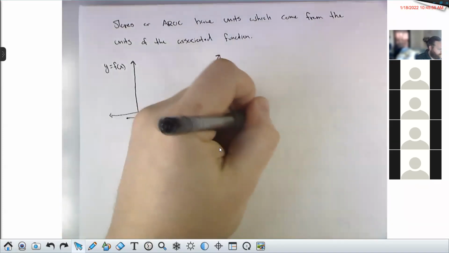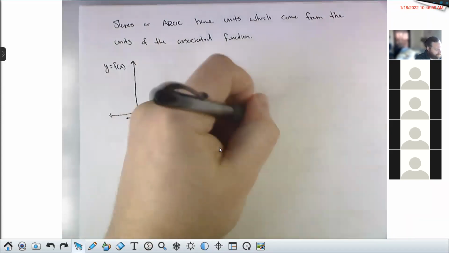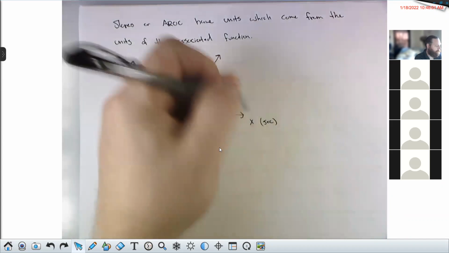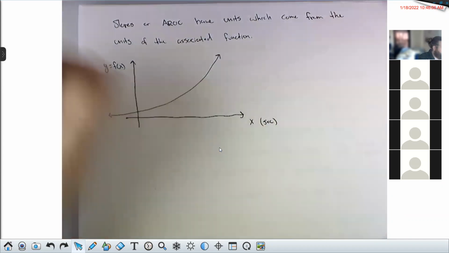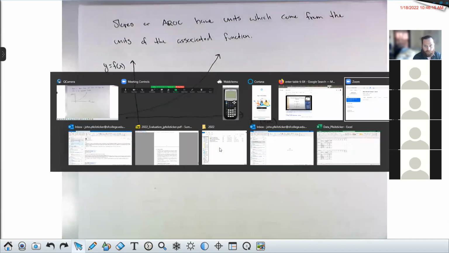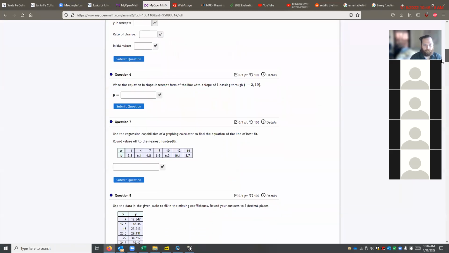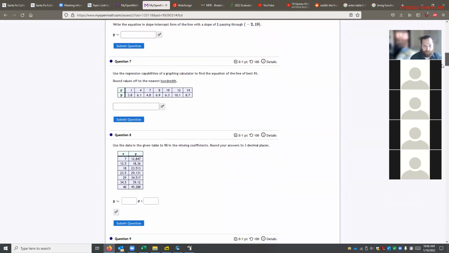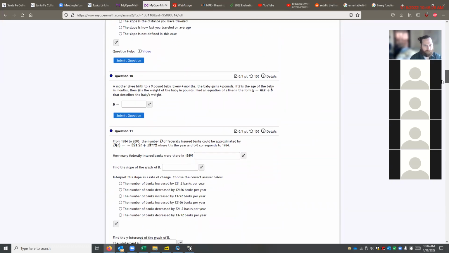The units of x could be lots of things. A common one would be time in seconds. And the units of y, the units of the output, could be, let's pick a silly unit. Miles, pounds.